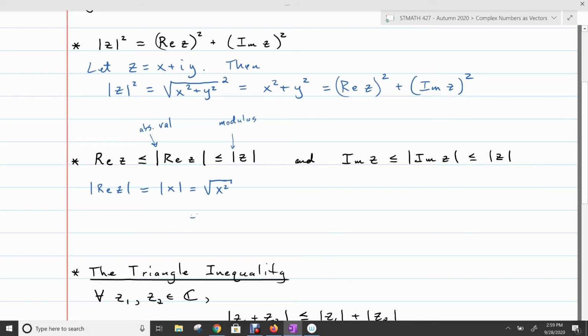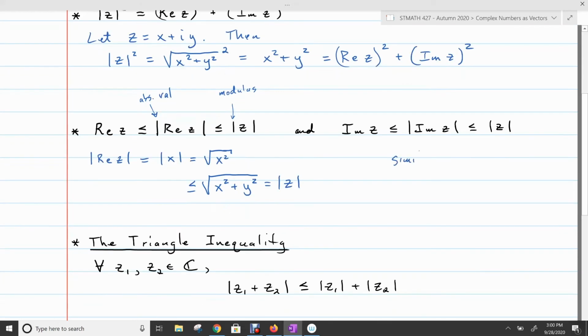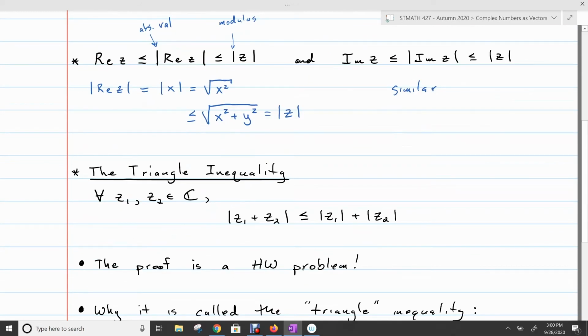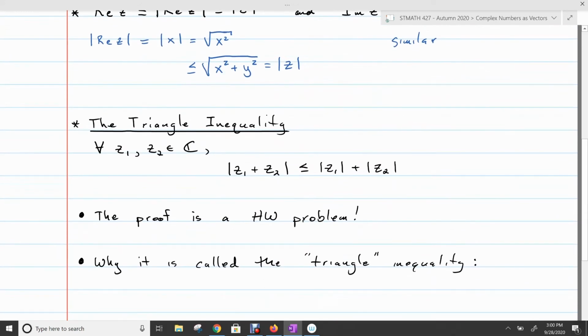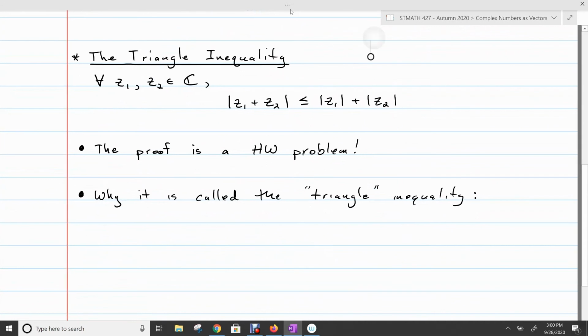But then this is certainly less than or equal to, if I took that inside that radical, I took that x squared and then added something non-negative to it, this just makes it a little bit bigger. And the same trick works on the other side with the imaginary part. So this is similar over here on this side. And then here's the big kahuna, the triangle inequality.